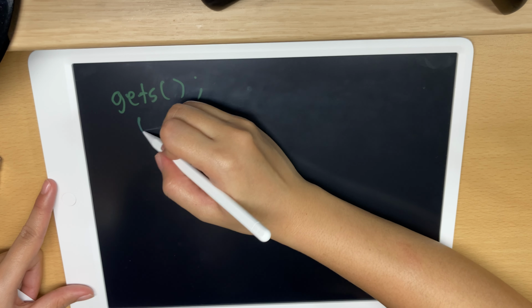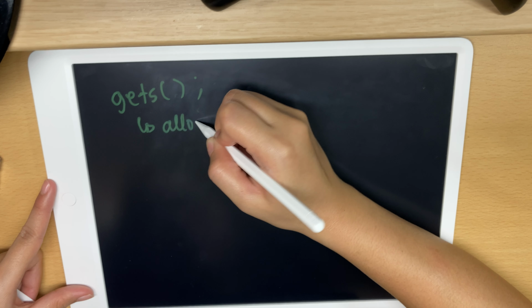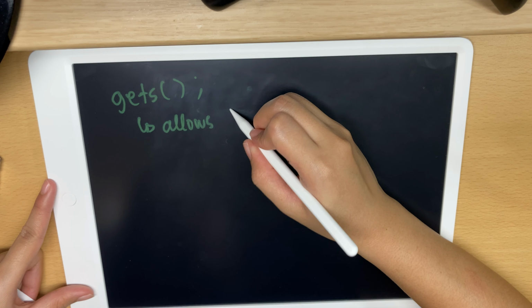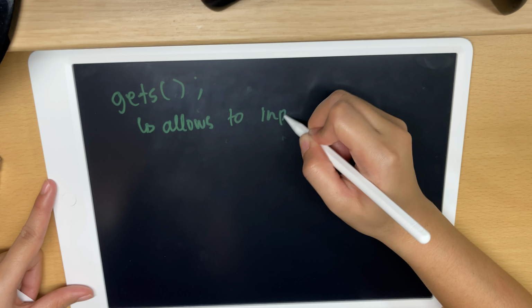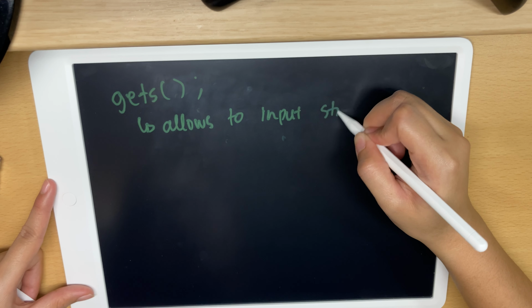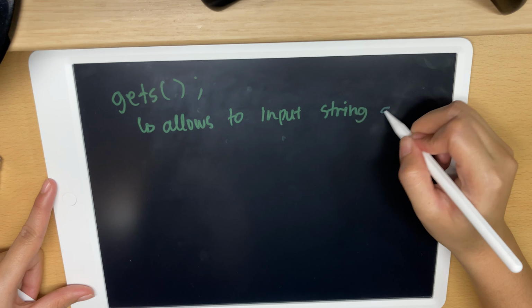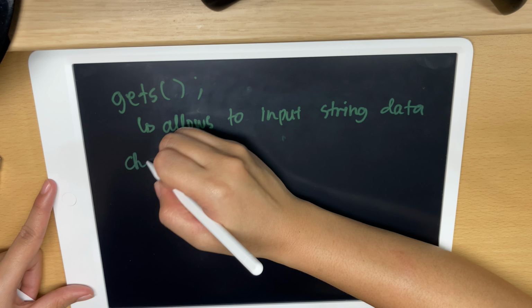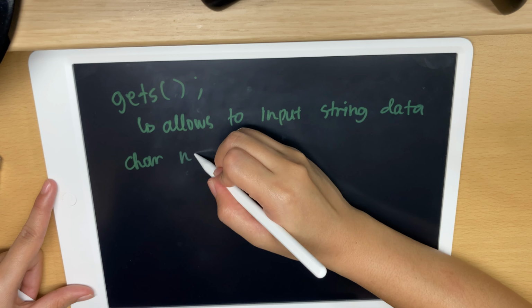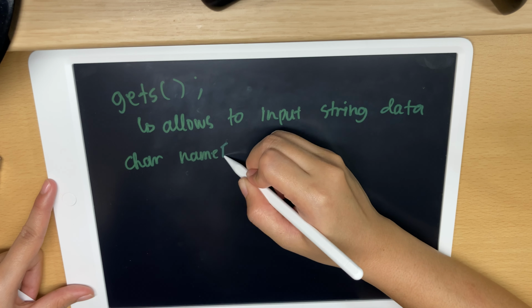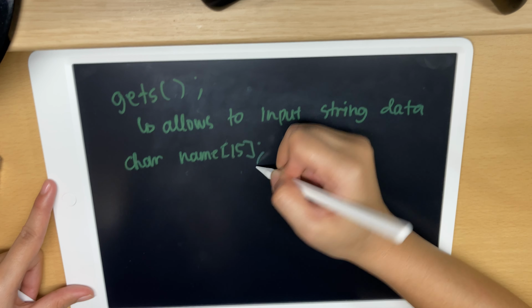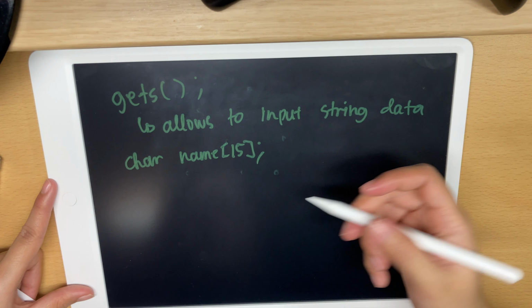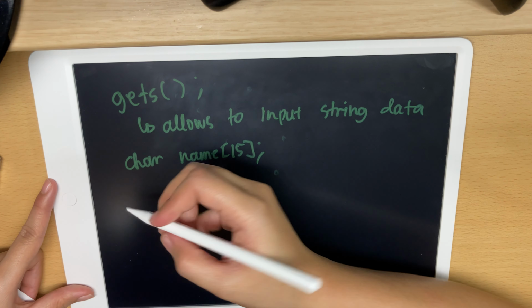So gets functions allows us to input string data. Let's say you want to input the name, and we have here a string name size 15, and you want to input the name since it's not initialized.